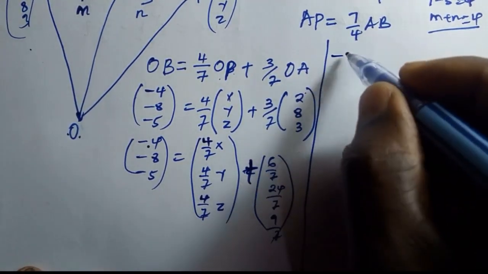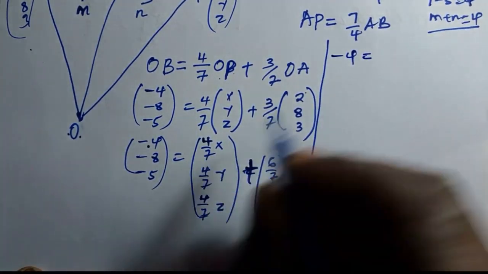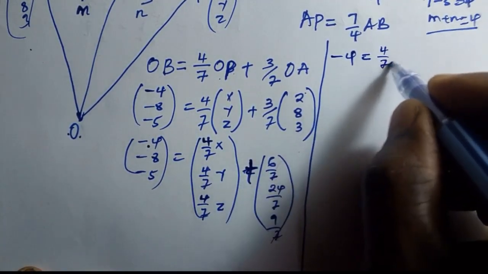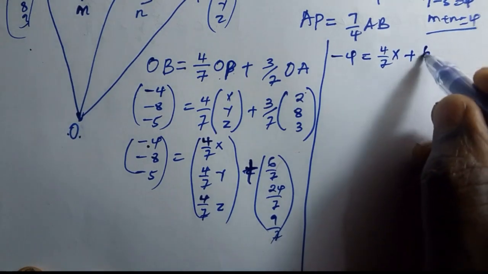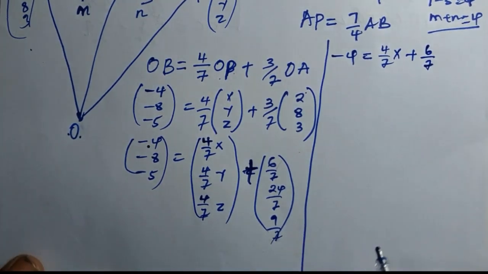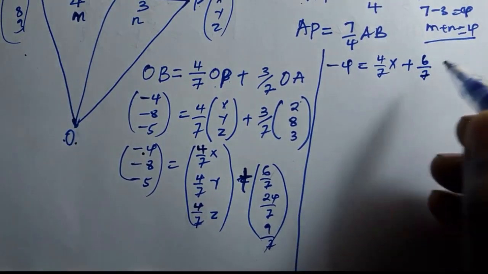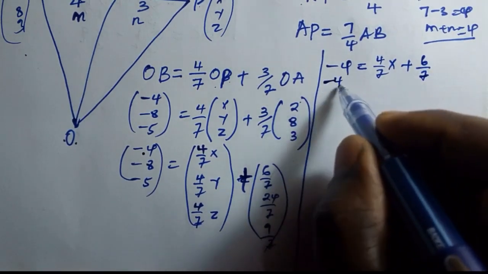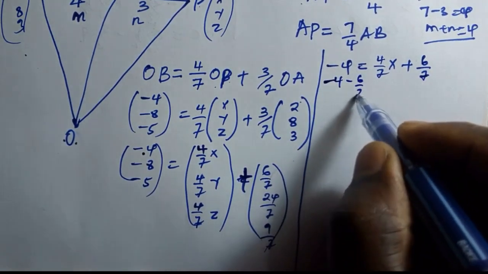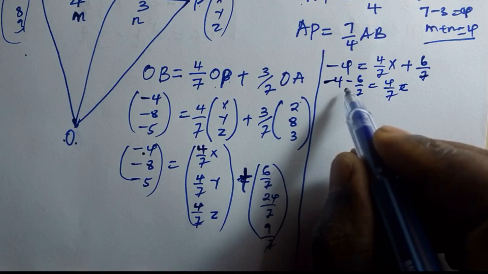So we'll say -4 ya kwanza is equal to 4 over 7x plus 6 over 7. Now from there you take like terms together to get the value of x. You bring this one here, itakuwa minus. -4 minus 6 over 7 is equal to 4 over 7x. Use your calculator.